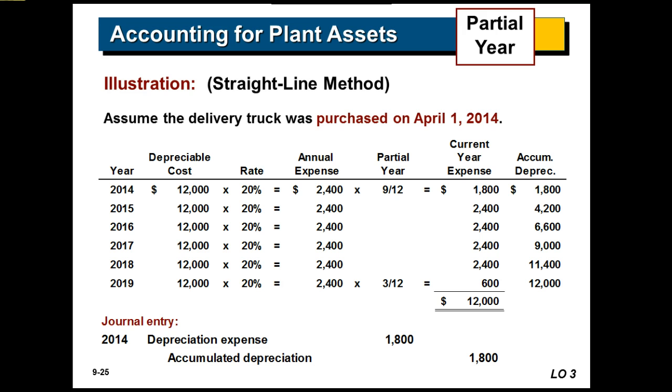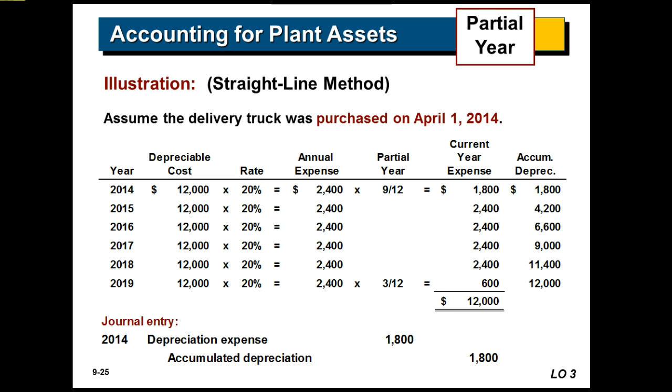Since 3 months have already gone by, and we are now purchasing the asset, we will show our annual expense of $2,400, but for the first year only, we're only going to take 9 months out of 12 months because we purchased it April 1st, so we've got April, May, June, July, August, September, October, November, and December in depreciation.